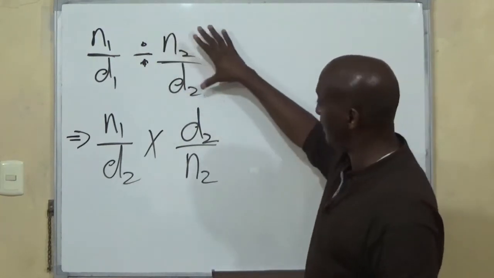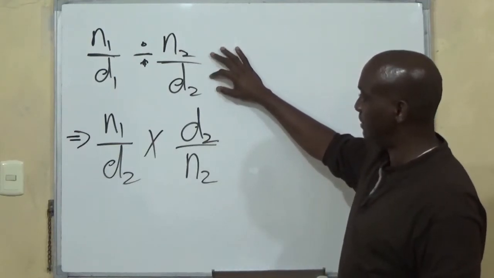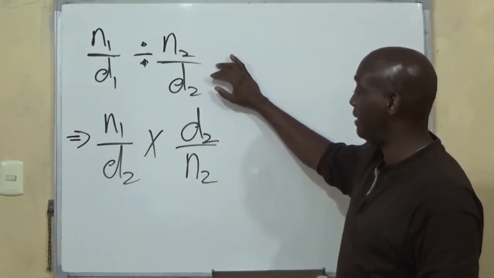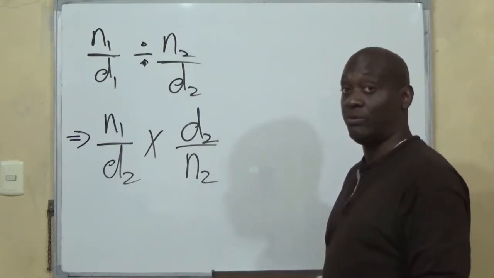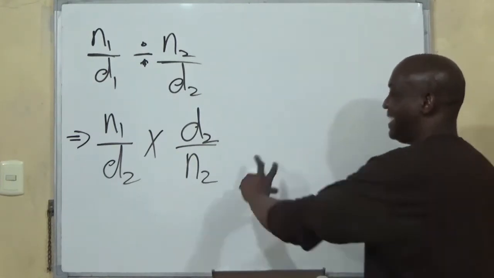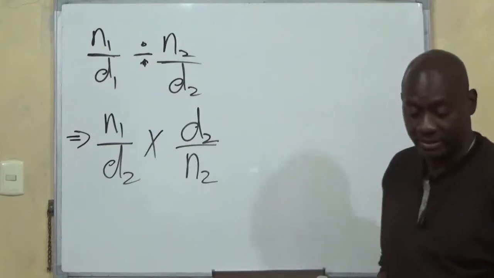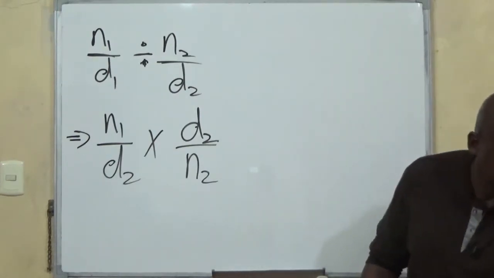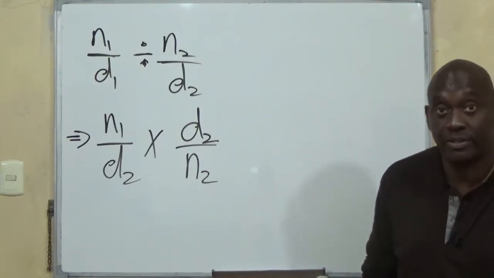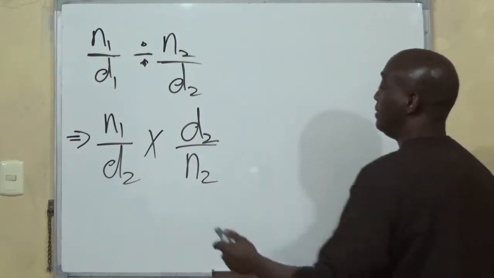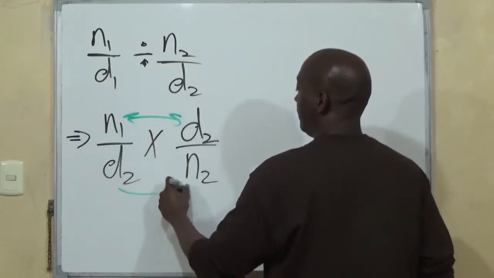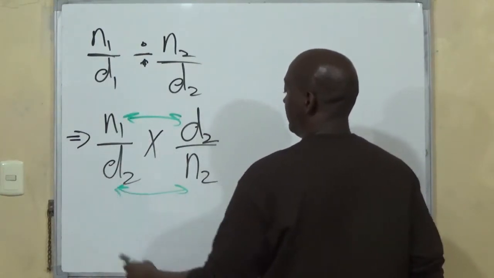So you're dividing by numerator 2 over denominator 2. That is the same thing as multiplying by denominator 2 over numerator 2. And once you get it in this state, then you go back to what we did in the very first video before this one, which is to just multiply the top and multiply the bottom.